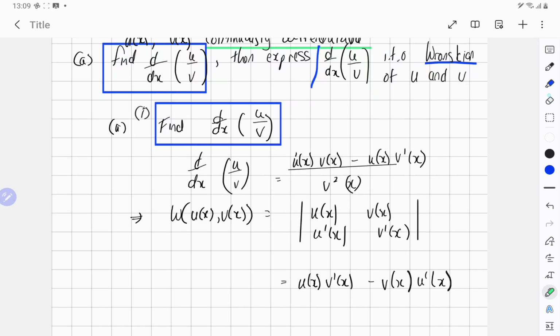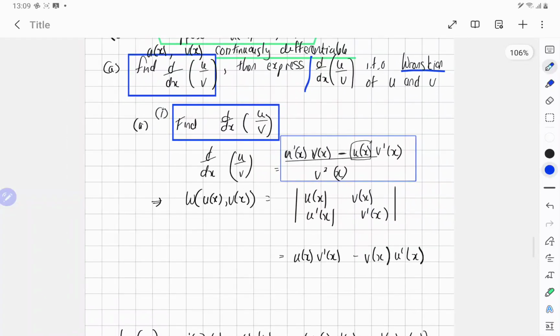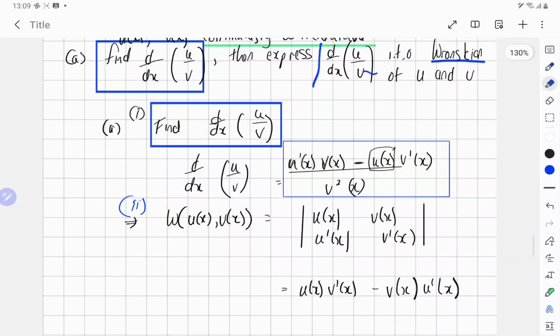At the top, it is the derivative of my numerator times my denominator as is, minus my numerator as is times the derivative of my denominator. That order, very important. So there I have my derivative and I've answered the first part of the question. Now my second part, this is very important, what they're asking.